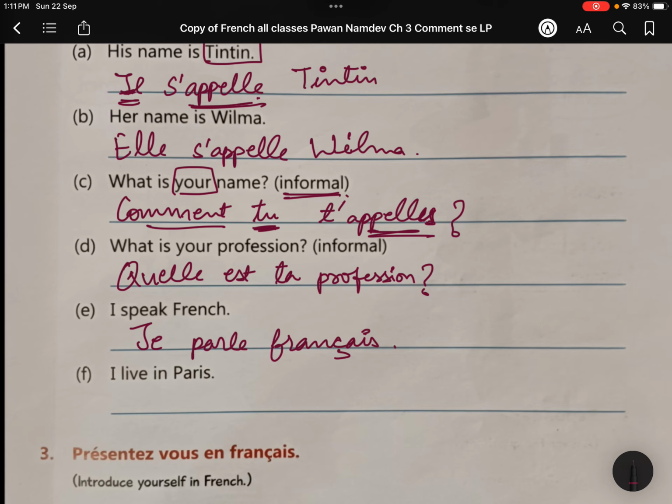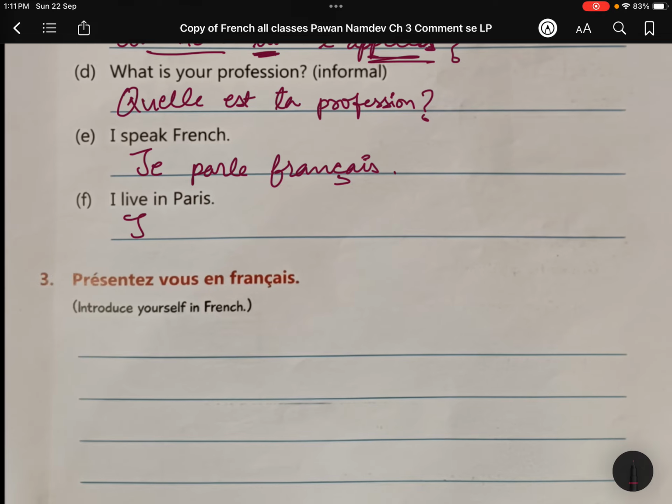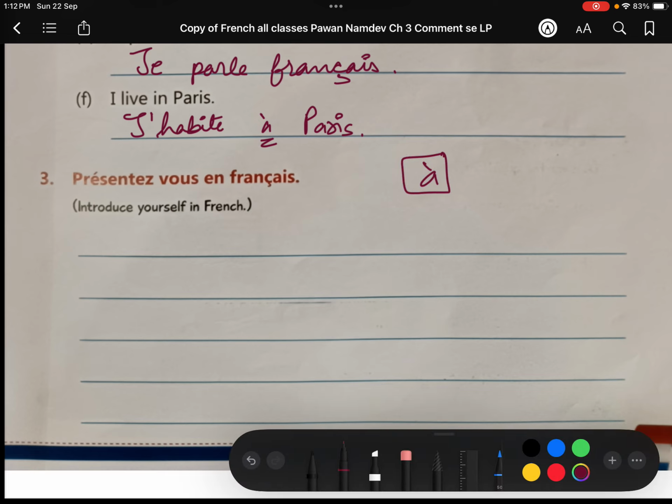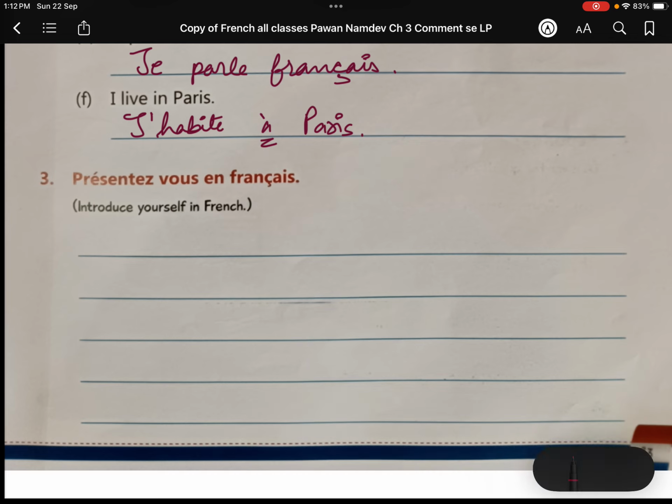I live in Paris. J'habite à Paris. À is used with cities. Paris is a city. That is why the preposition à is used. On a we are having an accent. Clear, guys? We have to use it with cities.